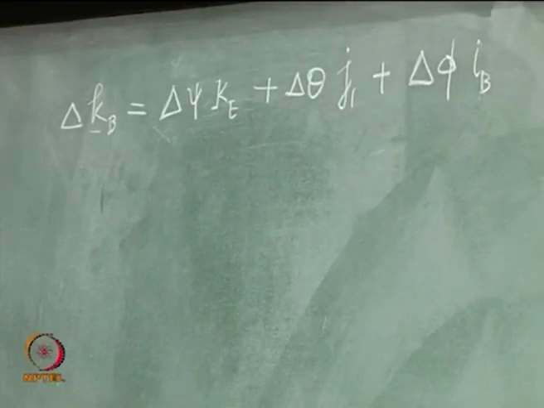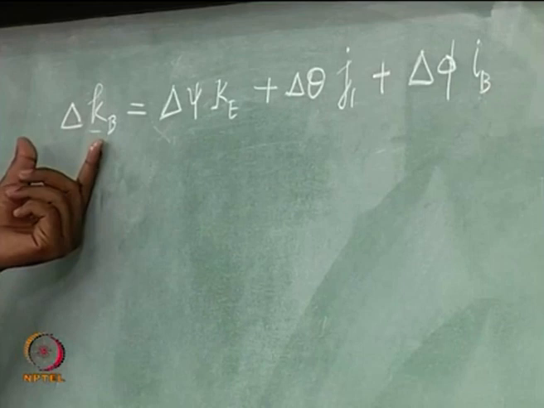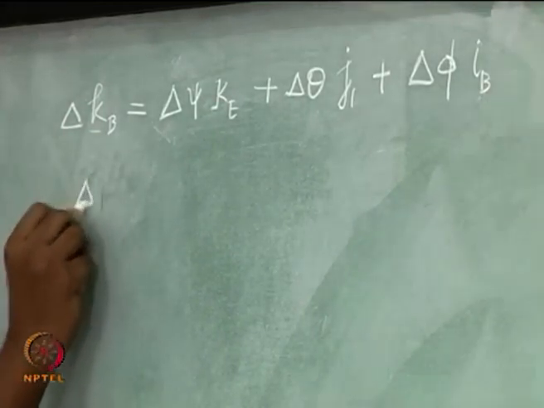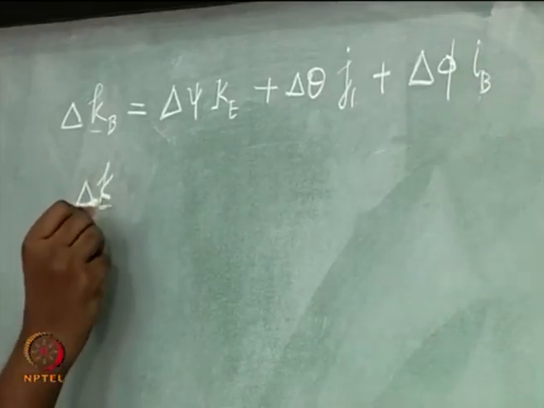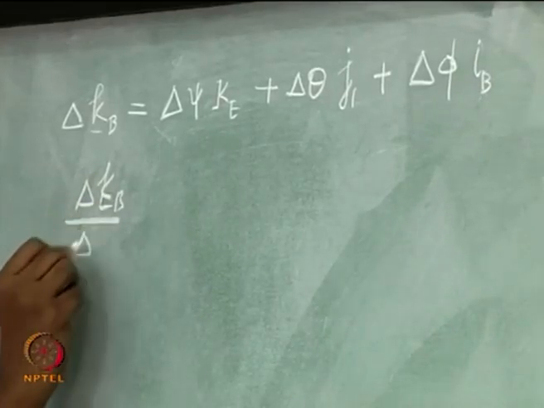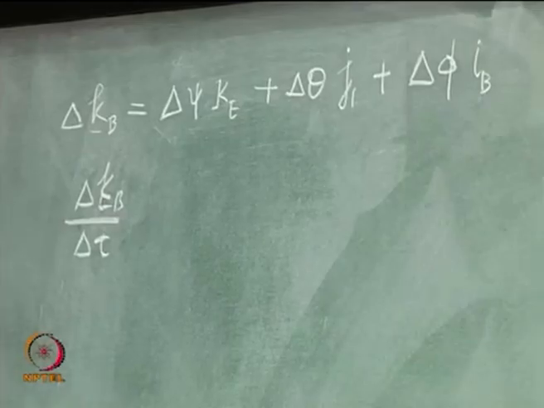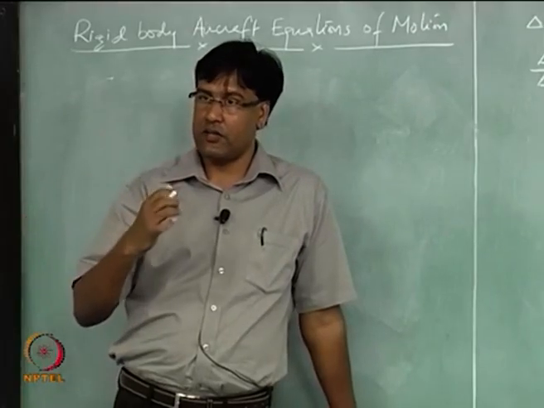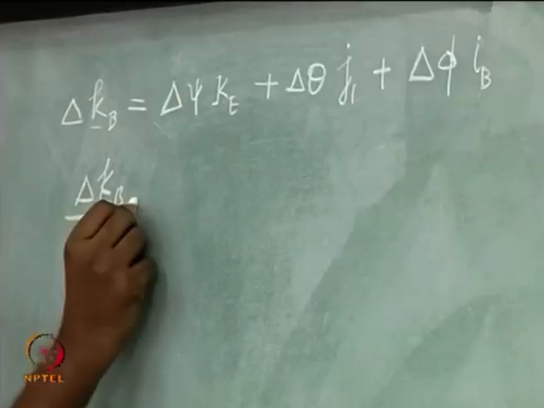All right. Now, you take the derivative of this with respect to time, or I divide it by time delta t. This is going to give me a rate of change in the attitude.